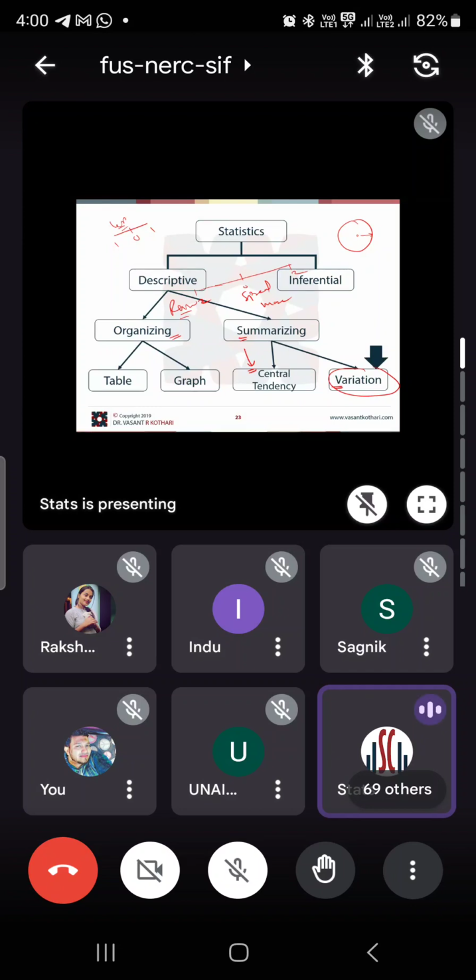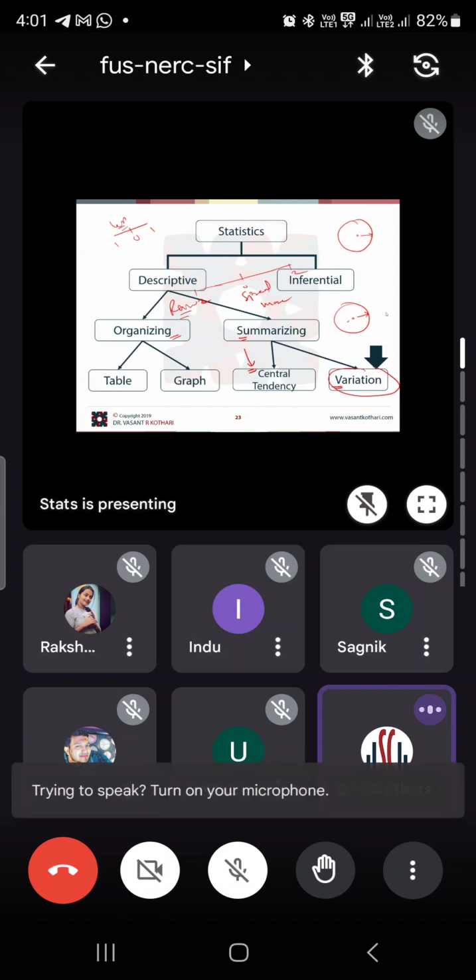That is a variation. So in statistic, basically I told you we do only two things: find out the center and find out how much the data is away from the center. Only two things you need to do in a statistic. Apart from that, you are not doing anything else.